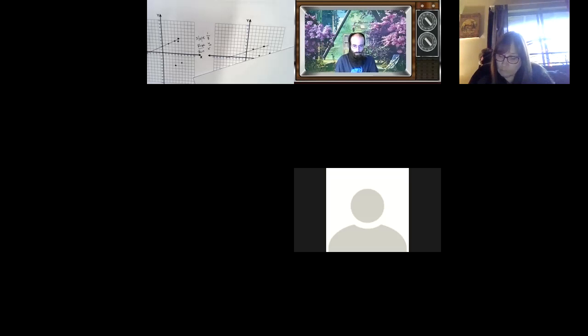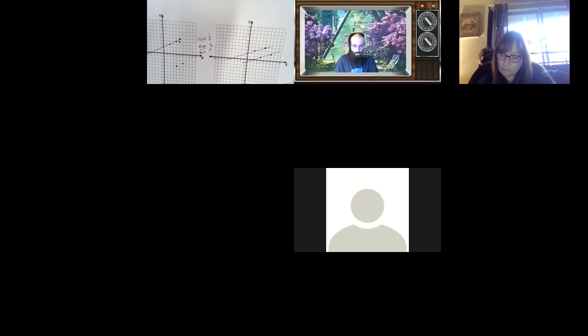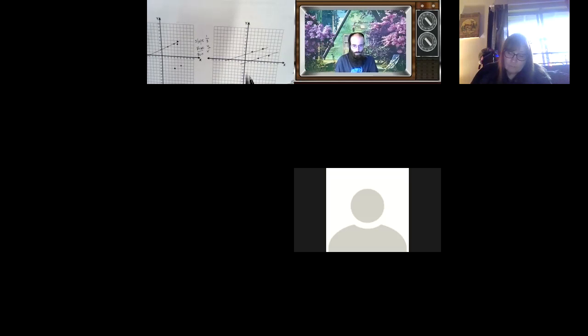Let's see, can I do that? Look at that. They're going to go side by side forever because they're the same exact slope. So they have the exact same steepness, even though they're on 2 different parts of the graph. And the other thing is that for this line, 2 is your y-intercept.